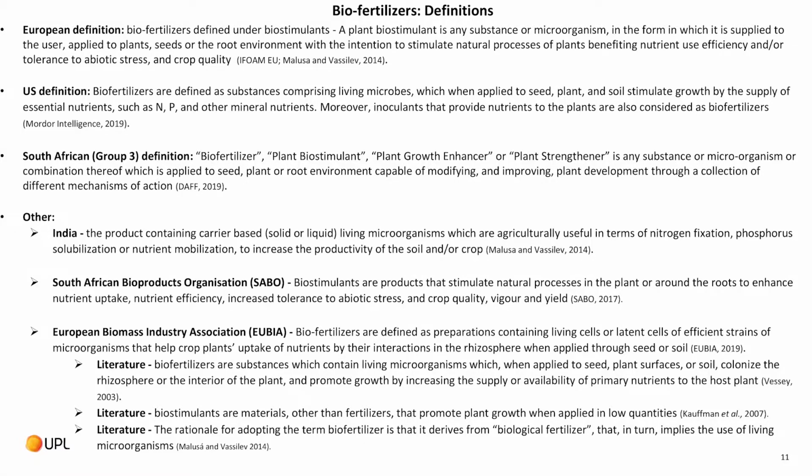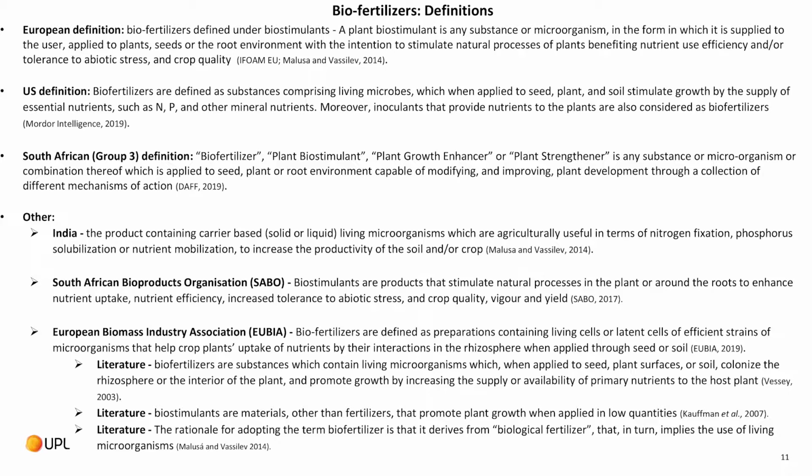Then there are various organizations that have their own definitions of what is a biofertilizer. The South African Bioproducts Organization, or SABO, includes biofertilizers also as a component of the biostimulant definition. It's actually quite similar to the European definition in that there's no distinction between types of active ingredients that you could use. They only refer to products, and it also stimulates natural processes.